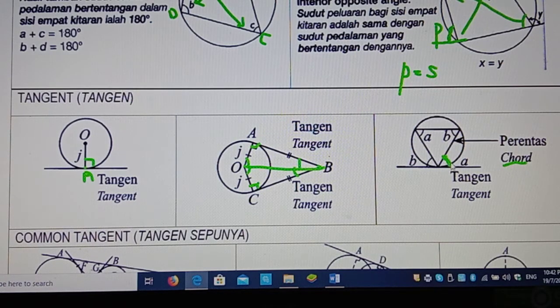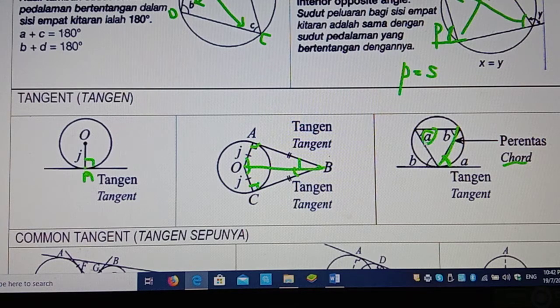So this exterior angle equals the opposite angle to the chord. So angle A here, opposite to this chord, is angle A here. So the angle here equals the angle here.